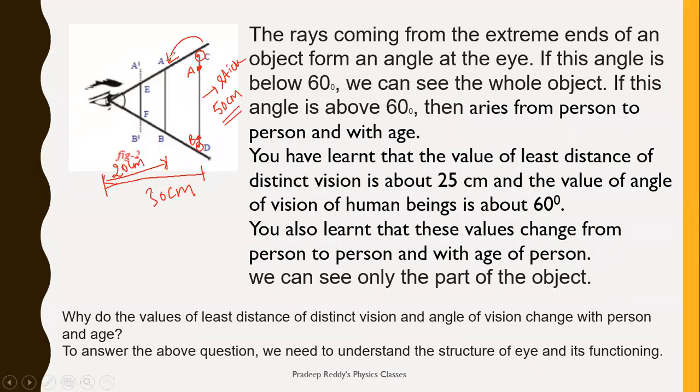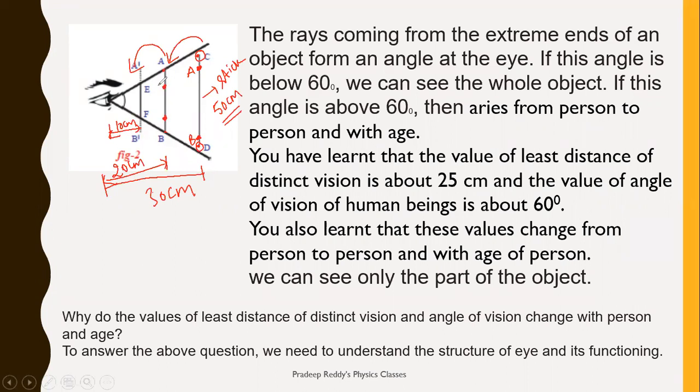Now I bring this AB stick still closer. Now you are placing it at a distance of 10 centimeter. When you are placing it at a distance of 10 centimeter, can you see the position of A and B? Obviously you could not see the position of A, but instead you could see this position.